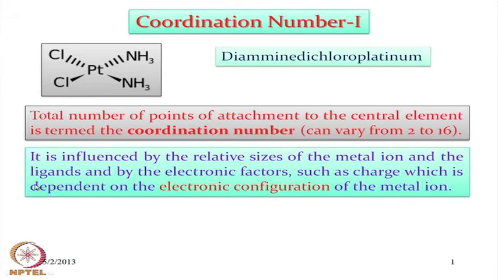So, the relative sizes are dictated by different electronic factors such as the charge, that means the charge on the metal ion and the corresponding charge on the ligands if the ligands are negatively charged, not neutral ligands. This charge is also dependent on the electronic configuration of the metal ion.